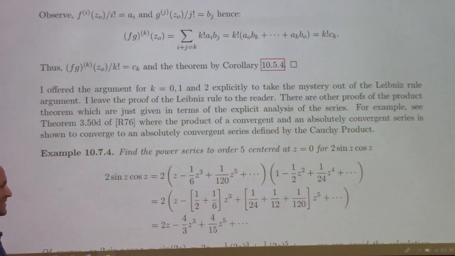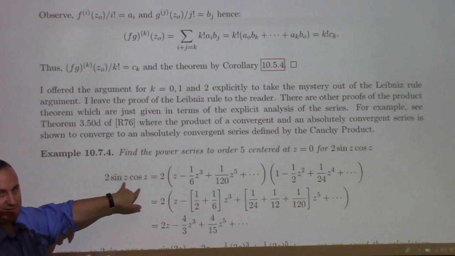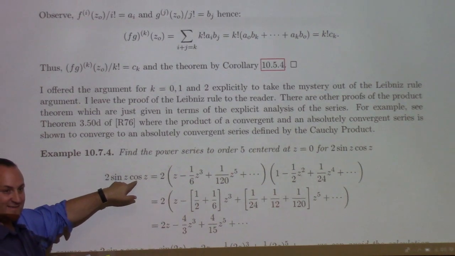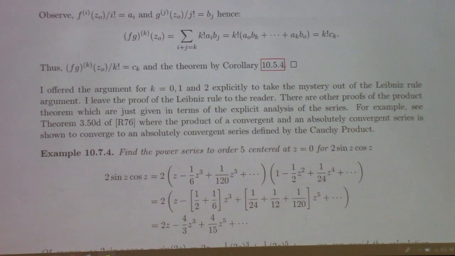But what would the much smarter way to do this one be? What you didn't know in Calculus 1 can still hurt you here. So, 2 sine z cosine z is sine 2z. That's way, way easier, right?